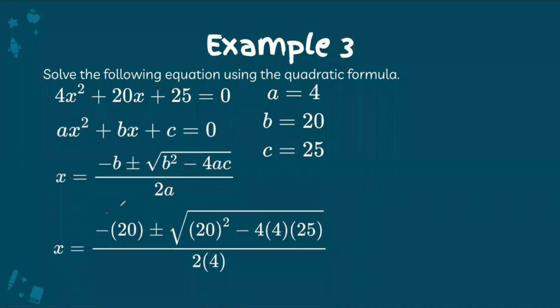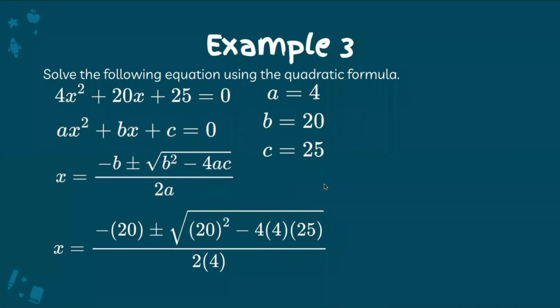First off, this would just be -20, and then plus or minus the square root of 20 squared, which would just be 400, and then minus, so I'm going to go ahead and simplify 4 times 25 first, and that would just be 100, and then that would be 4 times 100, so this would be minus 400, and then that would be all over 2 times 4, which is just 8.